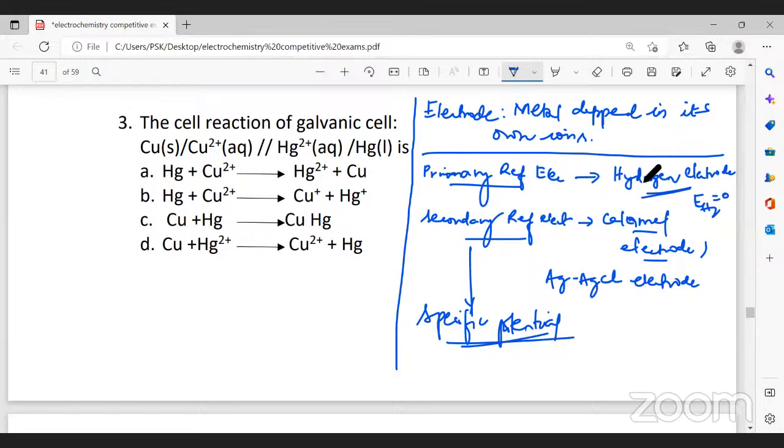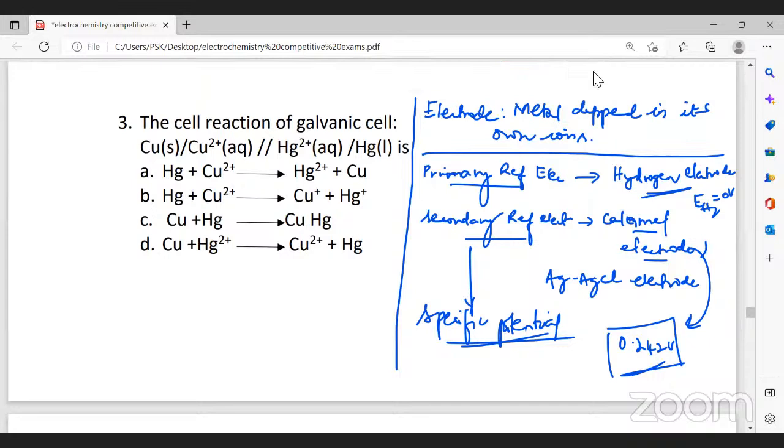There is some potential developed here, but we take it to be zero. The electrode potential of calomel is 0.242 volts. So the calomel electrode is a secondary reference electrode with a standard voltage. But in the hydrogen electrode, even though some potential is developed, we assume it to be 0 volts. That is one of the demerits of the hydrogen electrode, or of the primary reference electrode. We will learn about it a little later.